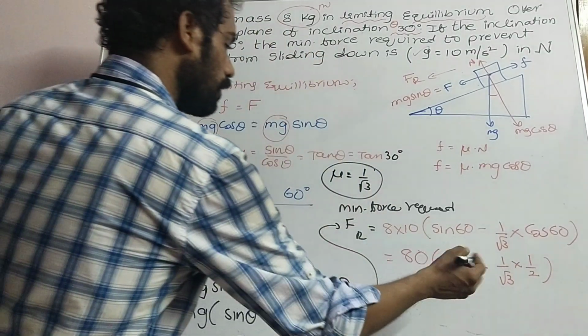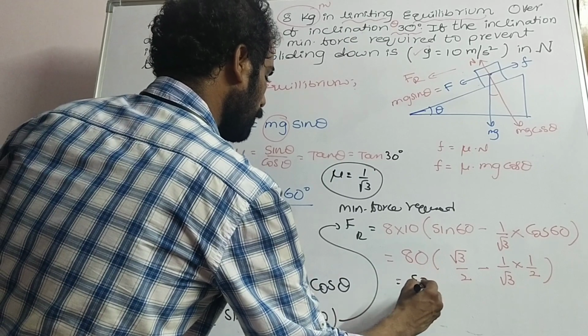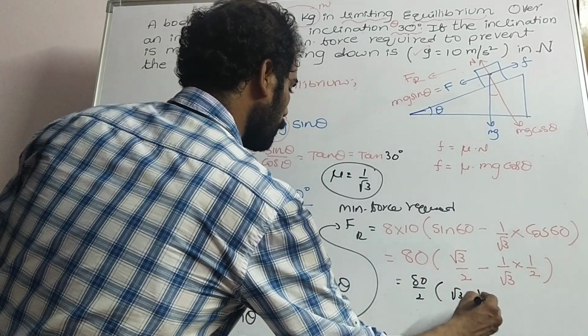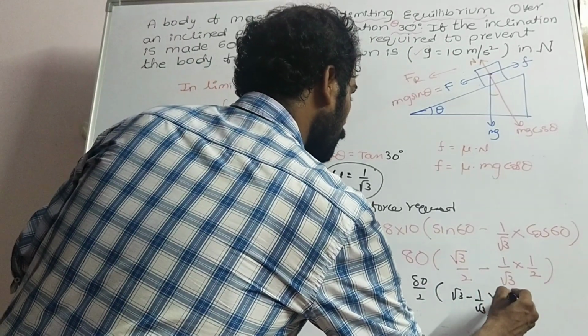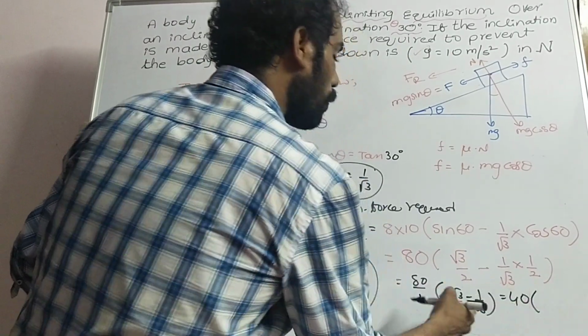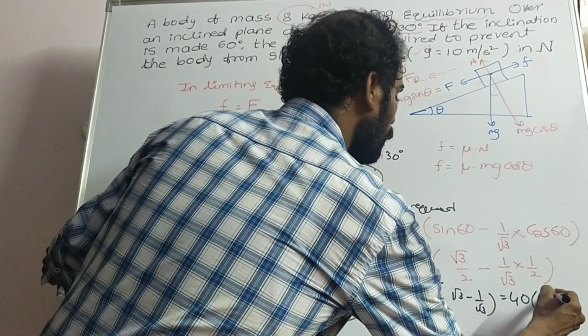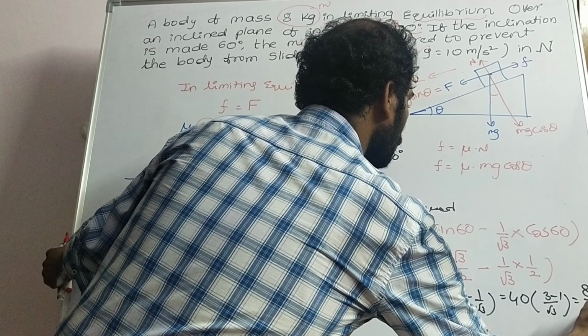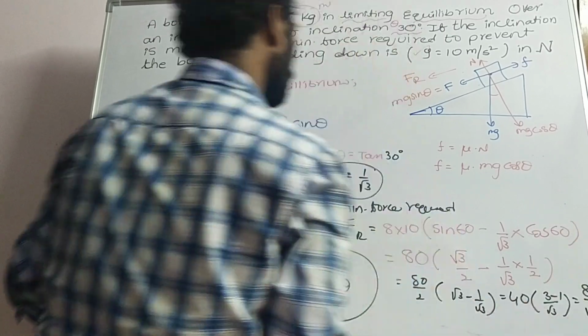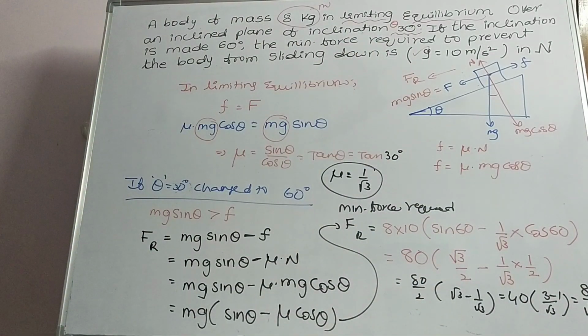I write in common: 80 by 2 into root 3 minus 1 by root 3. That is equal to 40 into (3 minus 1) by root 3. That is equal to simply 80 by root 3 Newton. 80 by root 3 Newton is the resultant expression.